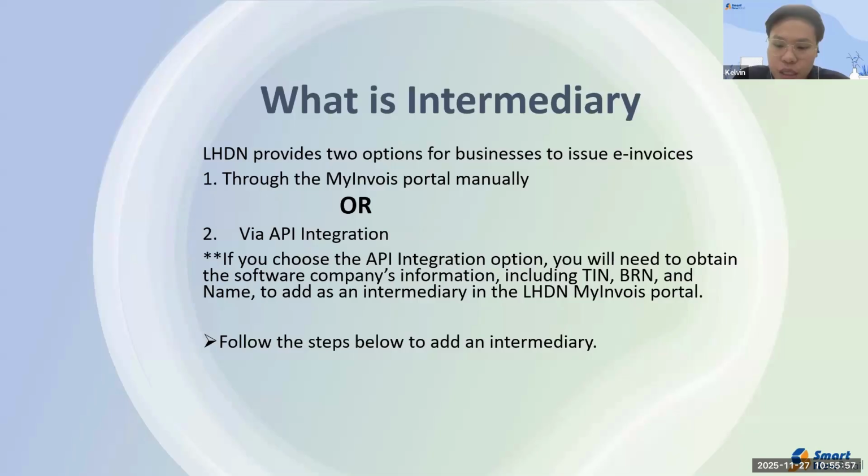Okay, so first is you can submit your transactions through the portal manually. What it means? It means you can submit your transaction by logging into their website and typing in the documents one by one manually. Or second option, you can use API integrations. By using the API integration, you will need to have the software company's information, which includes TIN number, BRN, standing for business registration number, and the company name.